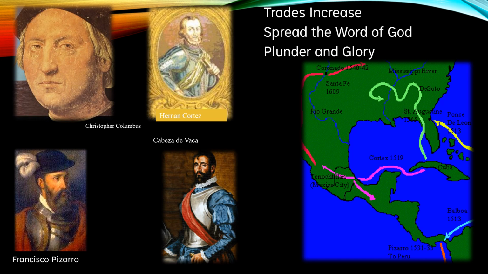And you can see on the map there, he's going to travel through the Florida Panhandle and all through the Old South, as it were. So there's going to be a whole lot of traveling going on here. But we're going to continue to focus on Cortez now. Then we'll transition to the Pizarro brothers shortly.